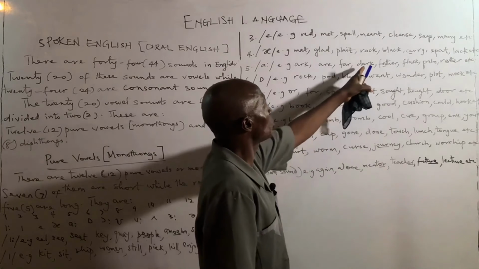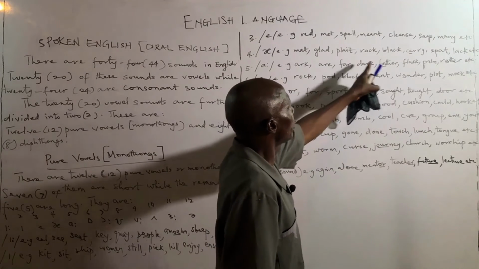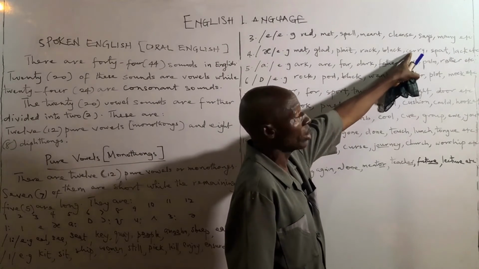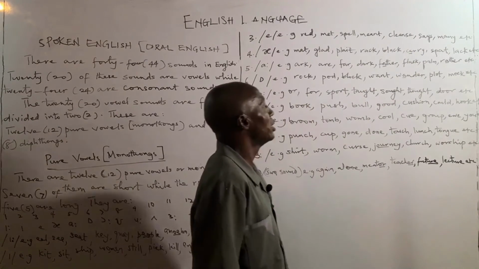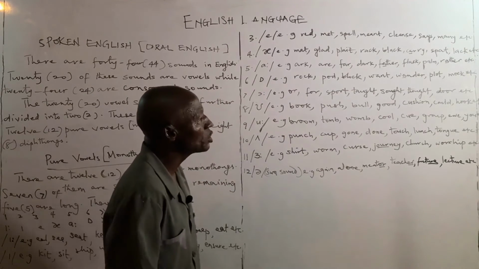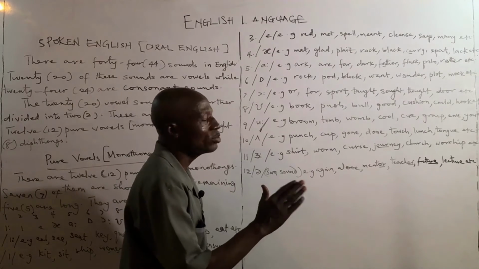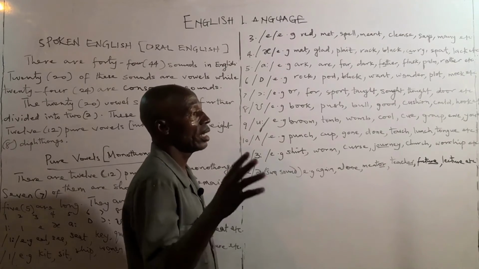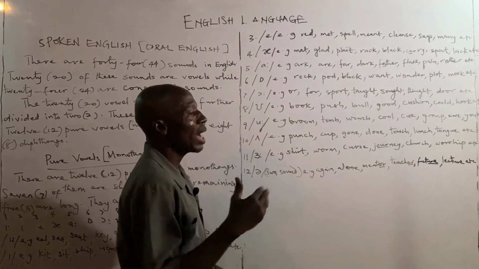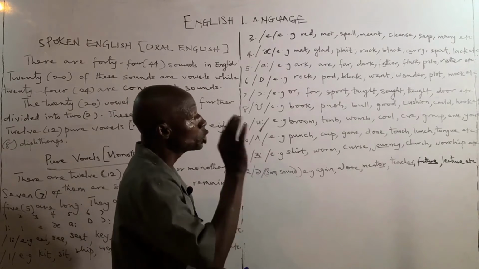Now, by the time we get to this place, you will see why I have written this one now. When you have ARR, it has a different pronunciation from ordinary AR. ARR, like parry, carry, marry. So it's short.